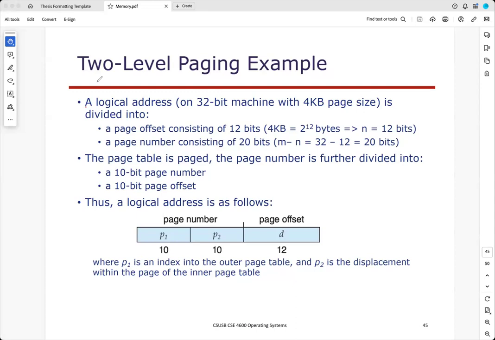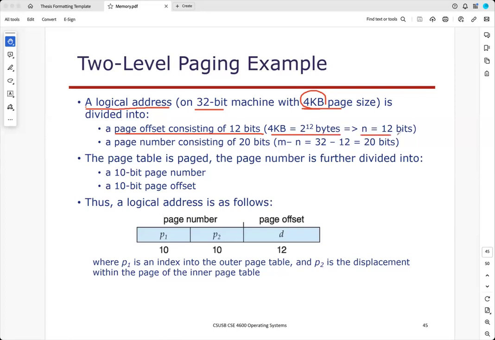Now for two-level paging, assume we have a logical address of 32 bits and the page size is 4 kilobytes. The page size is 4 kilobytes, which means the page offset has 12 bits, because 4 kilobytes is equal to 2 to the 12 bytes.